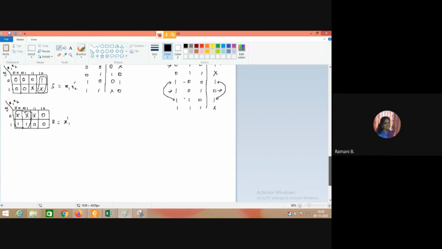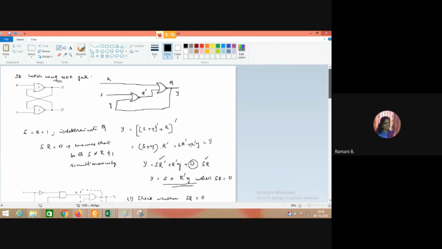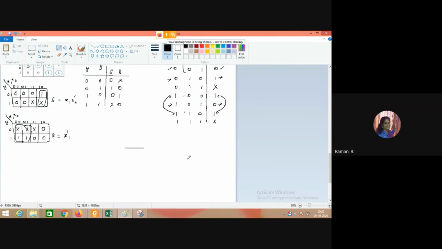Now from this expression, we draw the logic diagram with the SR latch. We shall use this particular structure as such.